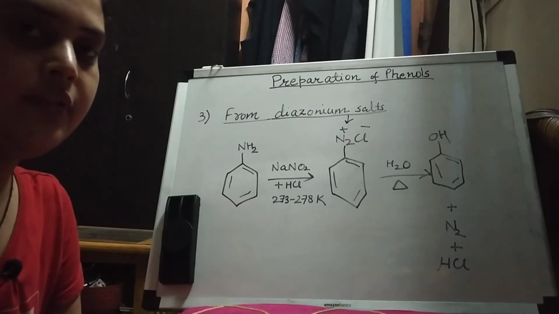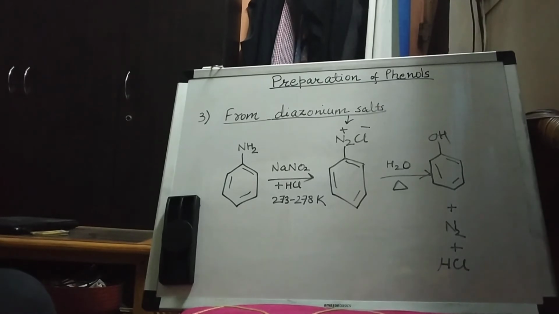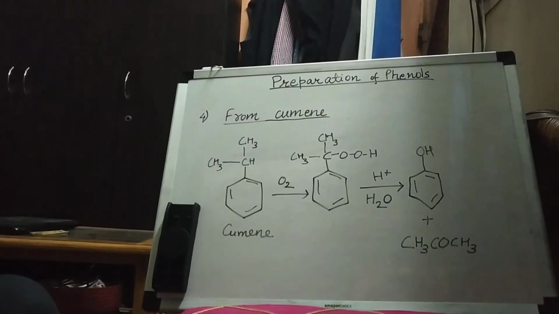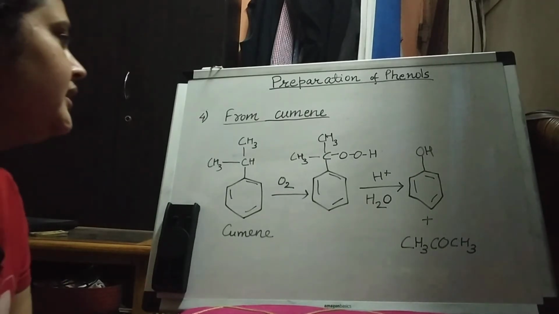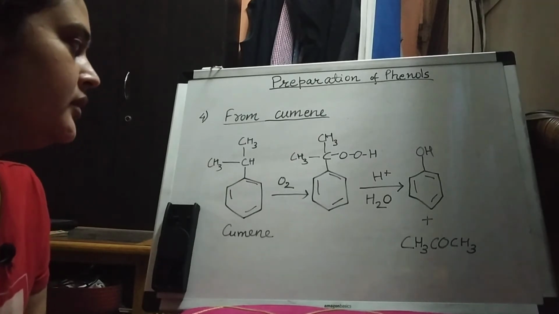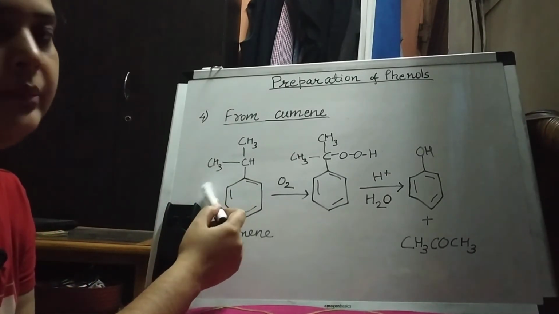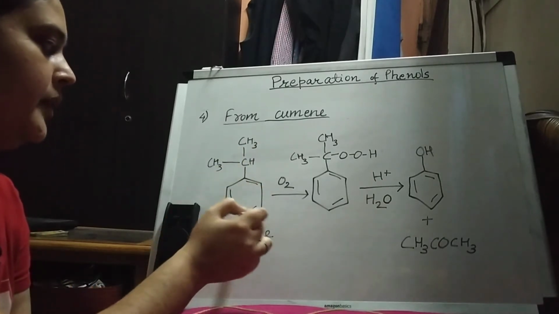Now, we'll move on to the last method, which is to prepare phenol from cumene. Cumene is isopropyl benzene.